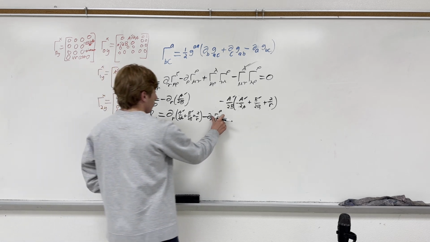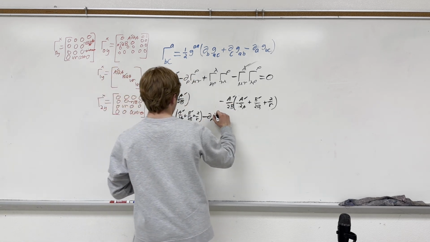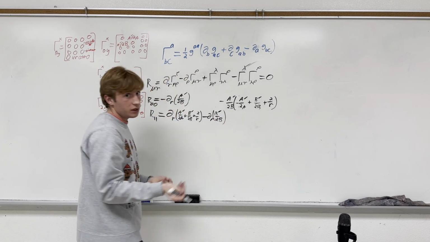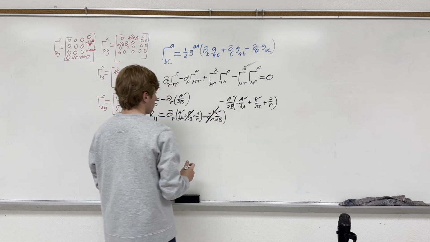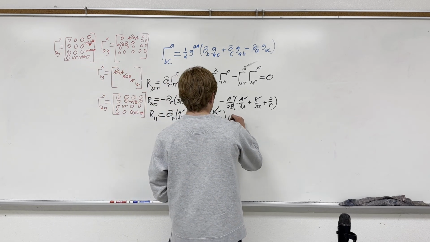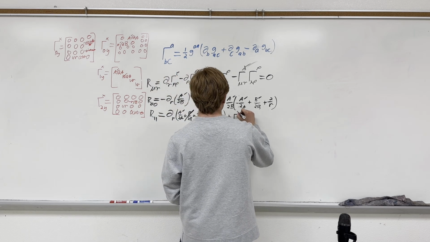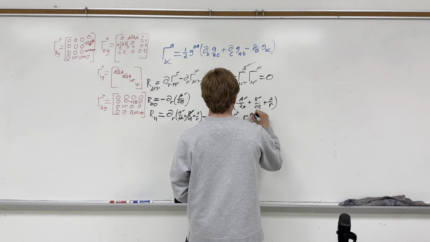So we just have partial r and then this term right here, b prime over 2b. And you'll see immediately that these two terms do just cancel out, which is very nice. And then we go on to our next one. So plus gamma lambda rho 1 gamma rho 1 lambda.